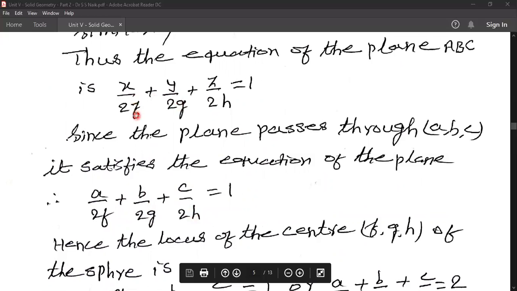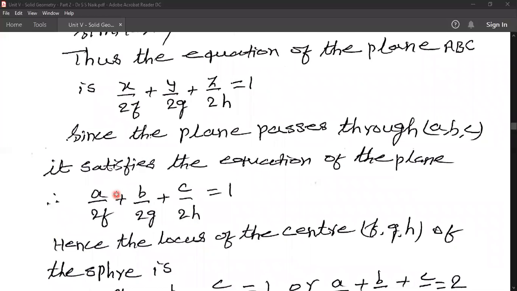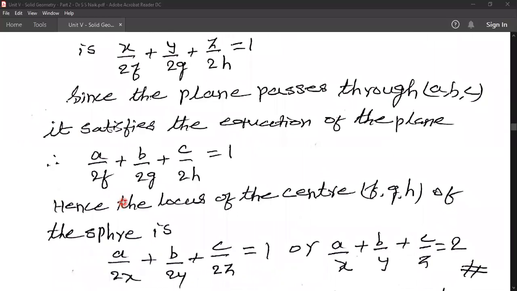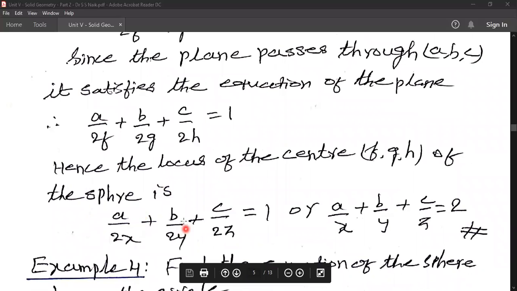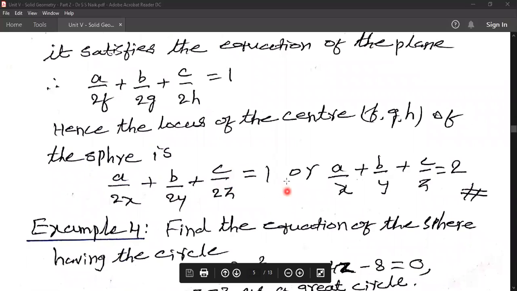That is, x, y, z are replaced by a, b, c. Hence, the locus of the center (f, g, h) of the sphere is a upon 2x plus b upon 2y plus c upon 2z is equal to 1, or this you can write as a upon x plus b upon y plus c upon z is equal to 2.